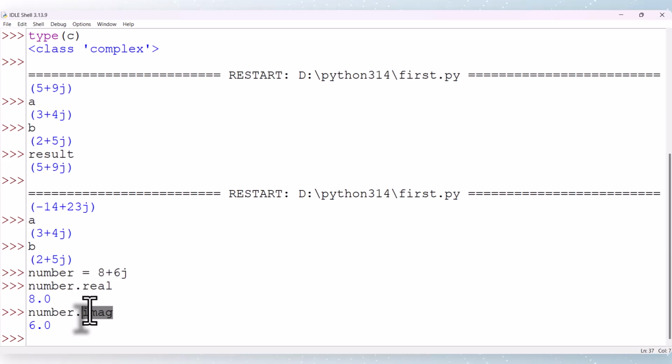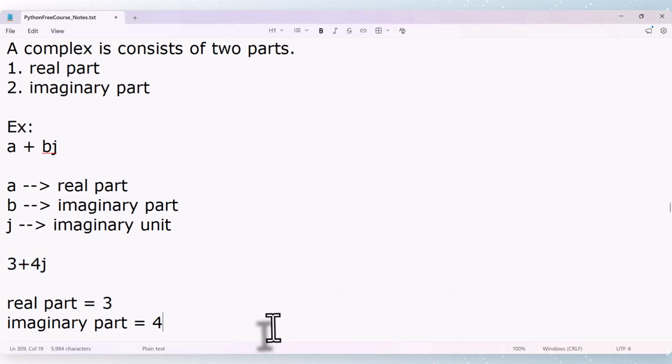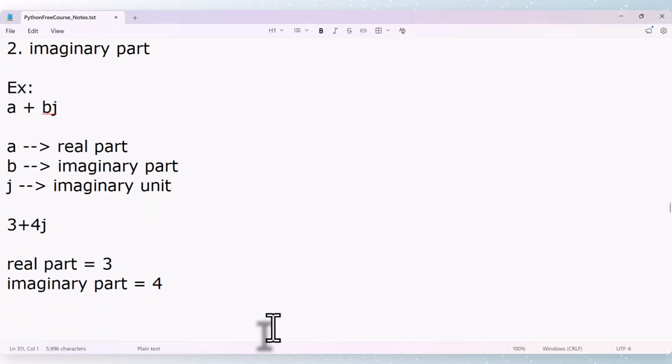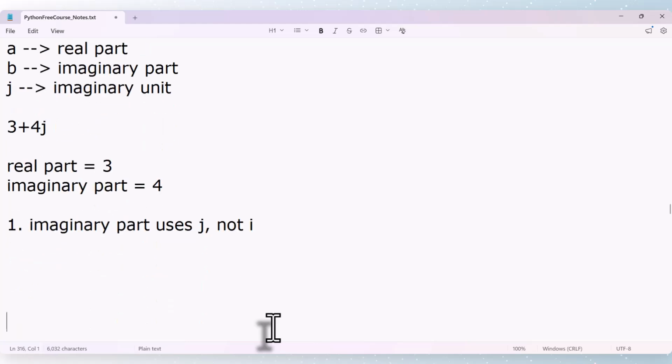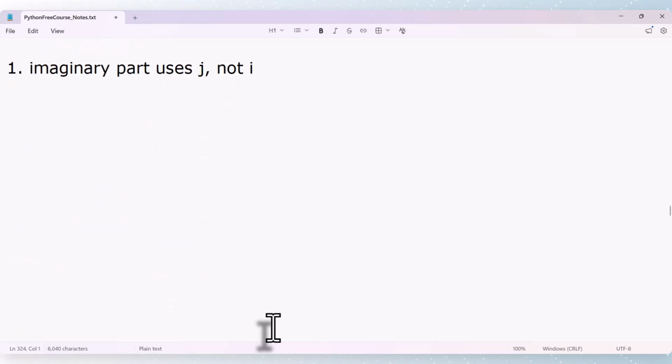Let us have some important points related to complex numbers. The first point: the imaginary part uses j, not i. In mathematics notation, it is something like 3 plus 4i.